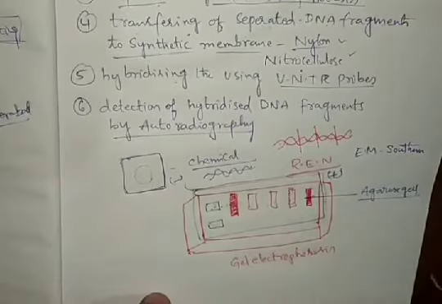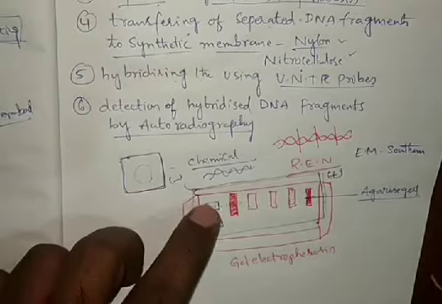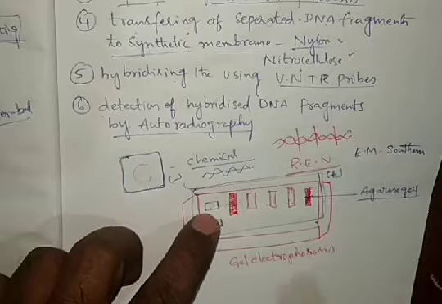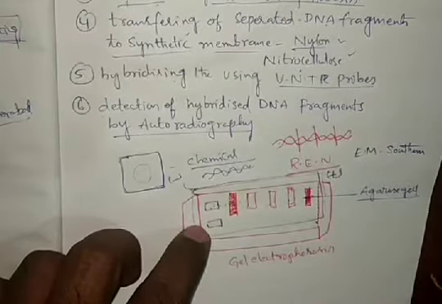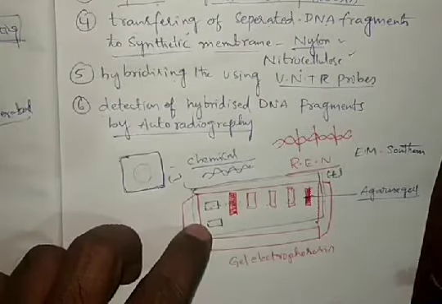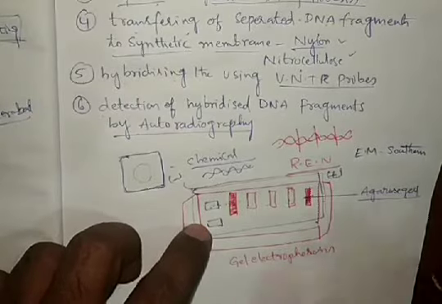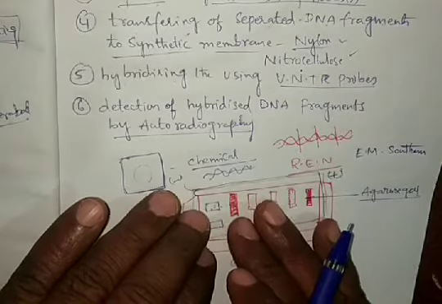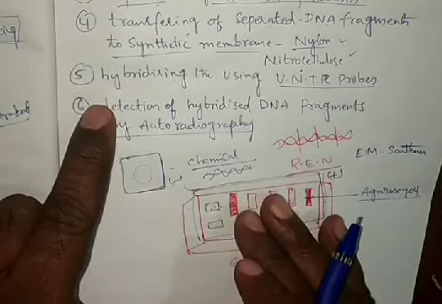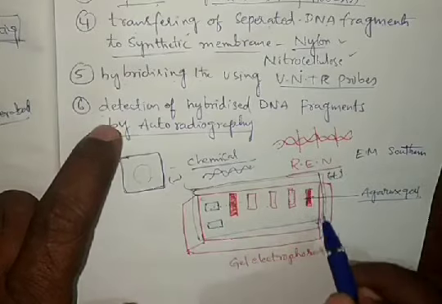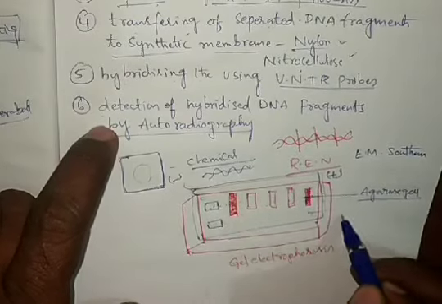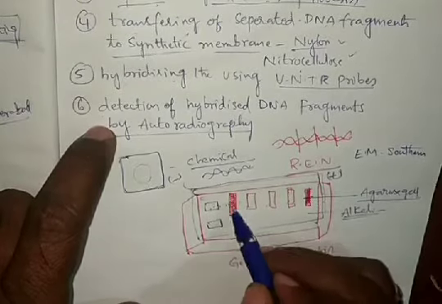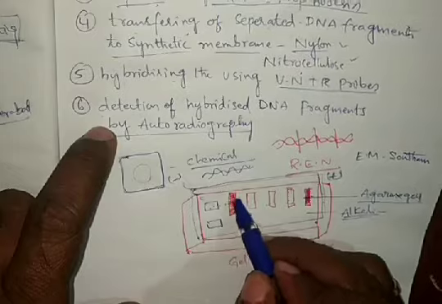Before transferring the separated DNA fragments to the synthetic membrane, the gel electrophoresis slab is filled with an alkaline solution. This alkali solution breaks the hydrogen bonds between the base pairs of the two DNA strands.